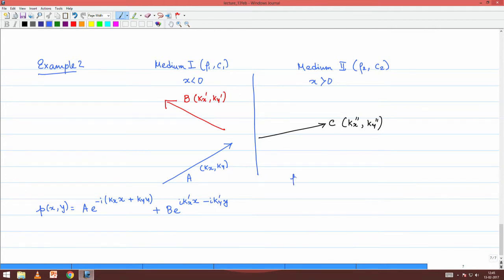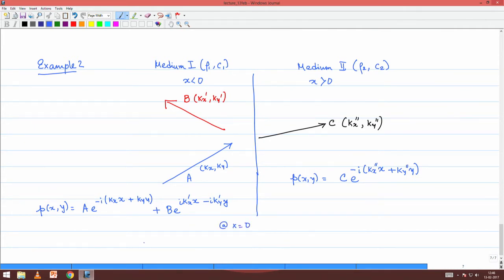And here what we have in the x greater than 0 region is the complex amplitude C, that should get multiplied with the complex exponential e to the power minus i (k x double prime x plus k y double prime y). Both of them have the negative sign, right. Now, at x equals 0, let us see what happens for the two pressures.